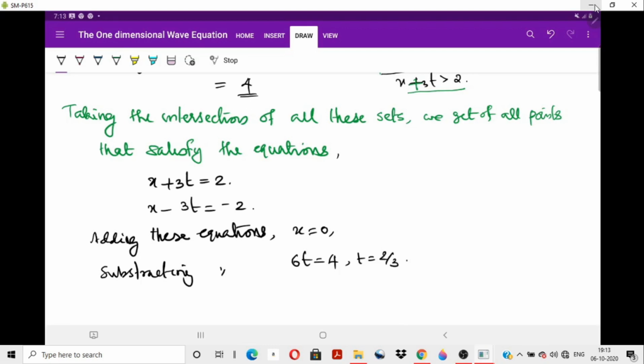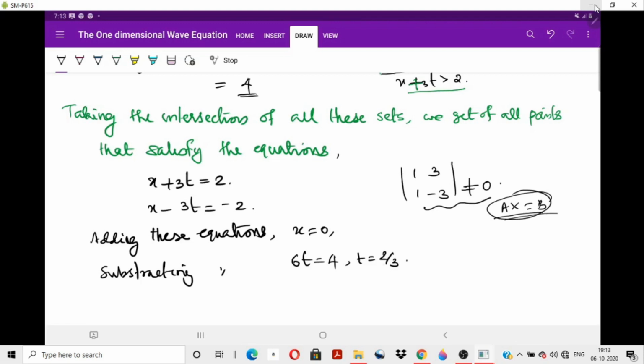Is there any other solution? Let's consider the determinant of the coefficient matrix, that is 1 3 1 minus 3. Here we can see that the determinant is not equal to 0. So, since the determinant is not equal to 0, the system in the form Ax equal to b has a unique solution.